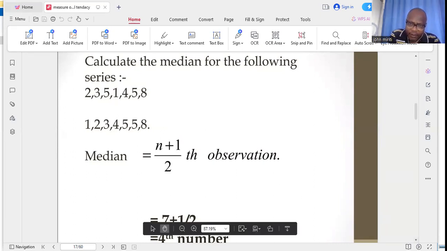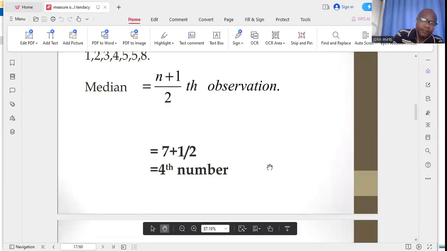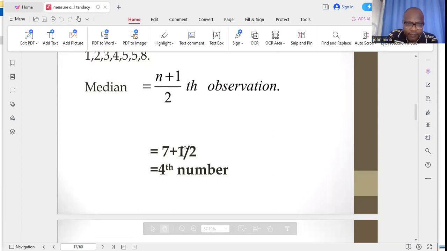So 7 plus 1 is 8, divided by 2. So the median is the fourth number.